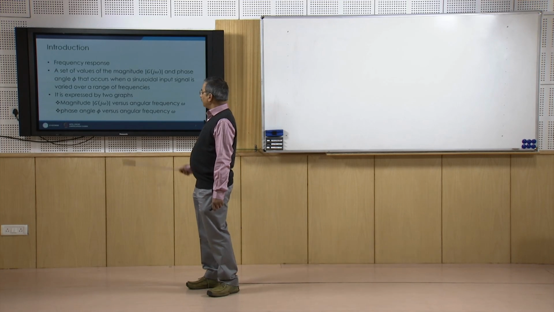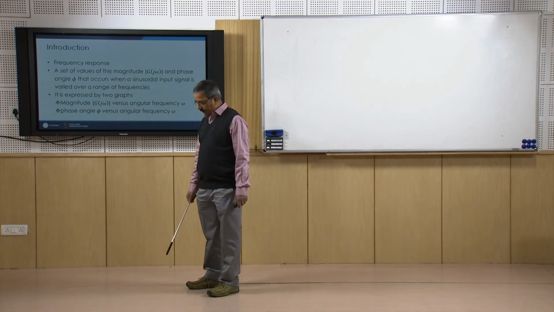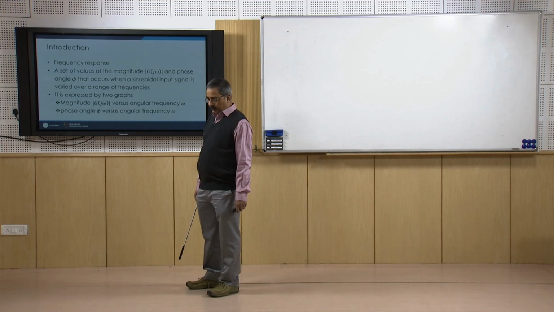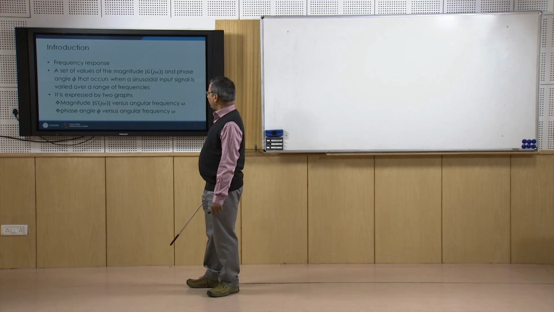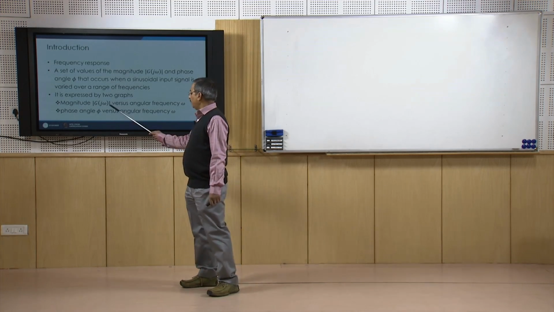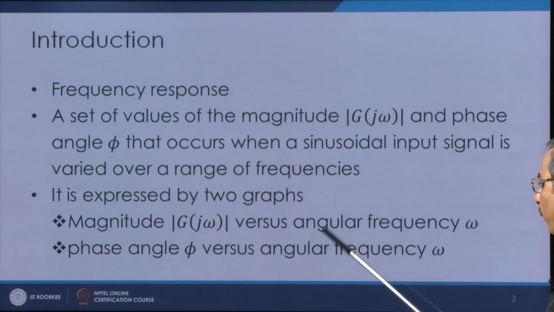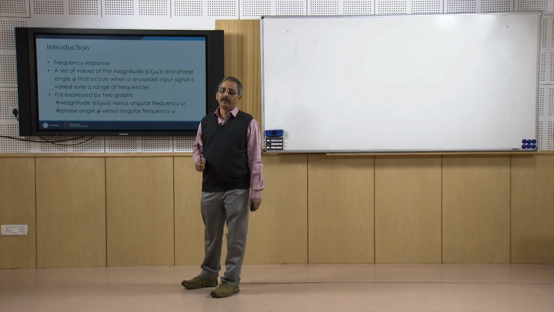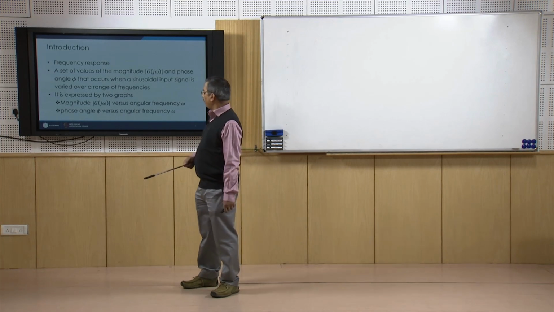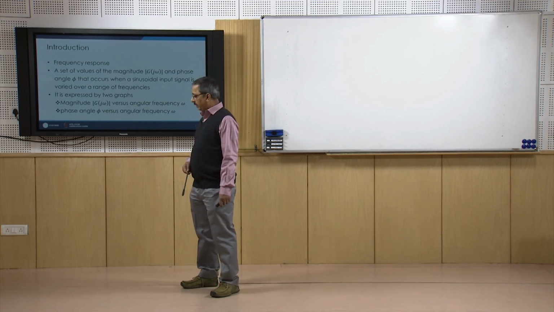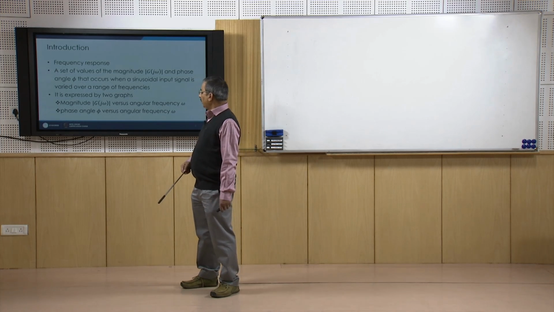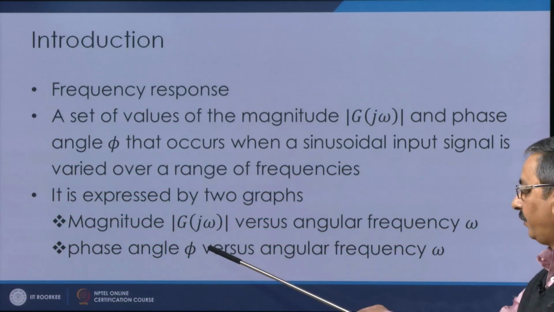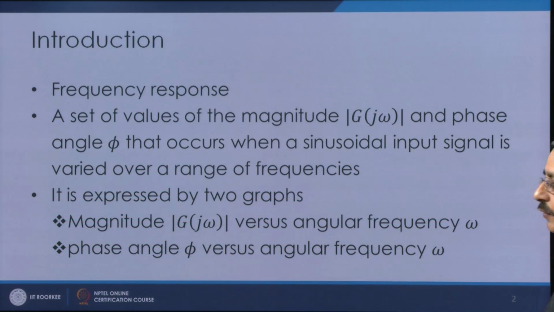Now, this frequency response can be represented with the help of two graphs. The first is the magnitude versus angular frequency, because here we are interested in varying the frequency and seeing the variation of the magnitude, and the second one is the phase angle versus angular frequency.